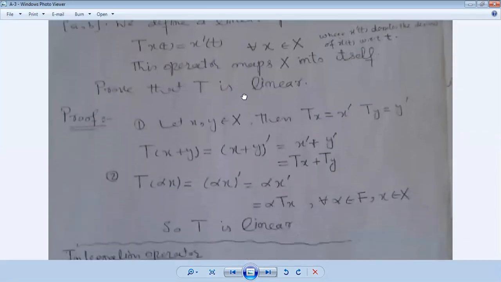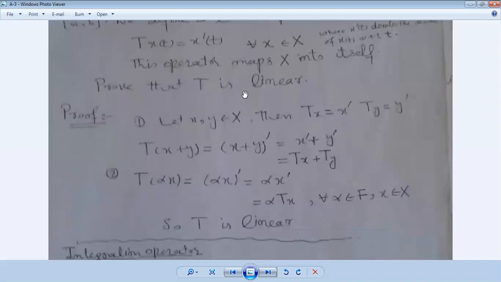From basic mathematics of first and second year, when we take the derivative of the addition of two functions, the derivative of g plus h is equal to the derivative of g plus the derivative of h.